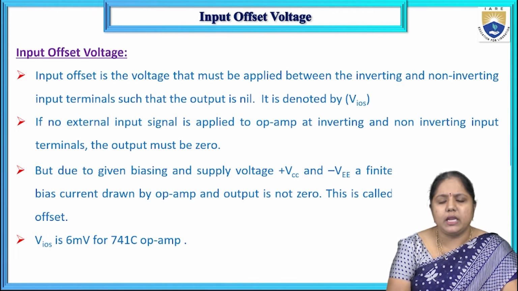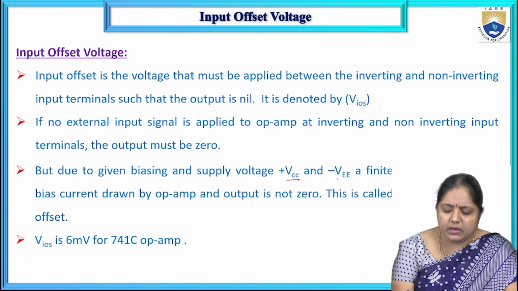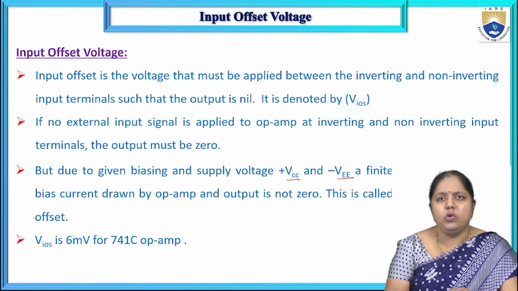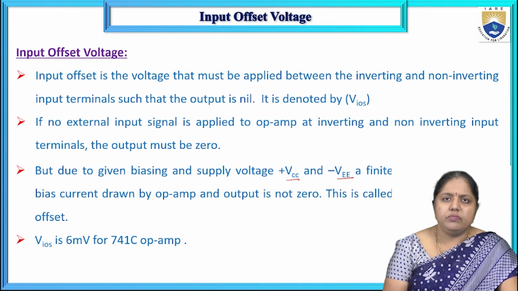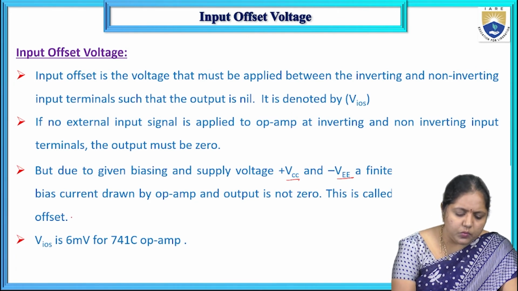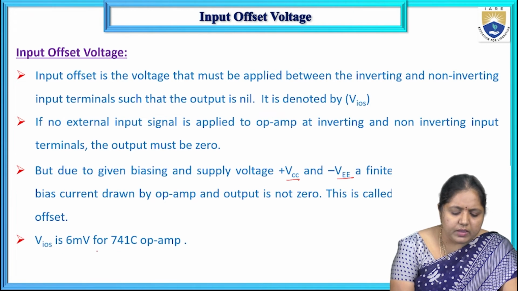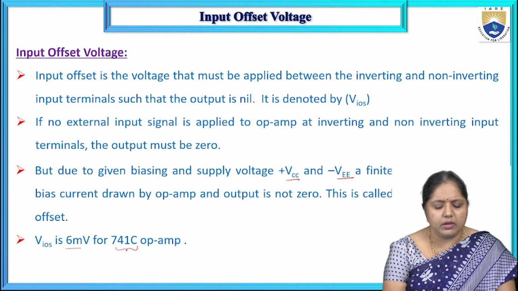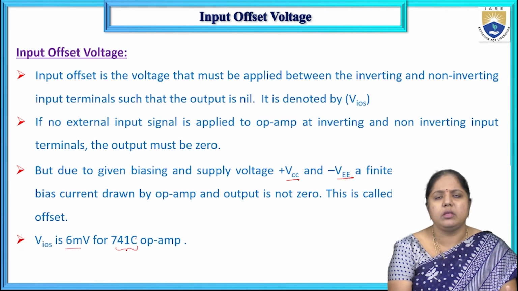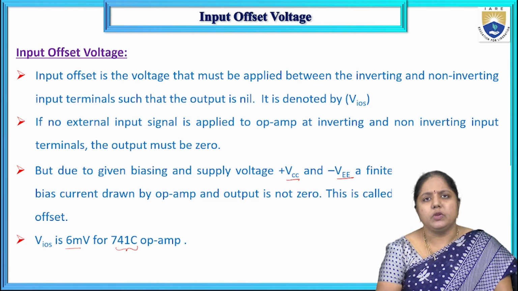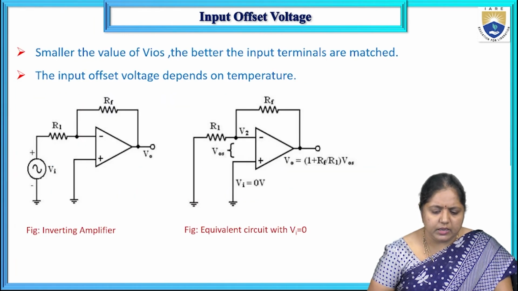Because of that unbalance and these DC supplies, even if I give the input voltage equal to 0, I won't get output voltage equal to 0. For the 741 op amp, the output voltage is of the order of 6 millivolts. Here it is represented as 741C. What does the C represent? It is the commercially graded operational amplifier.